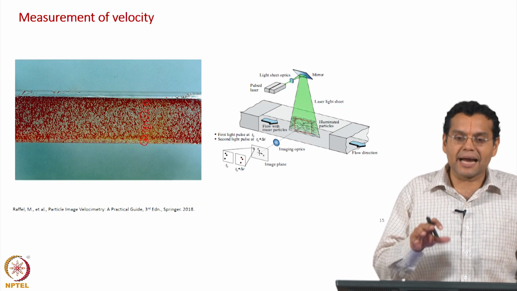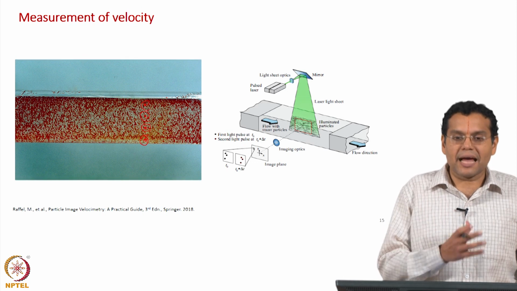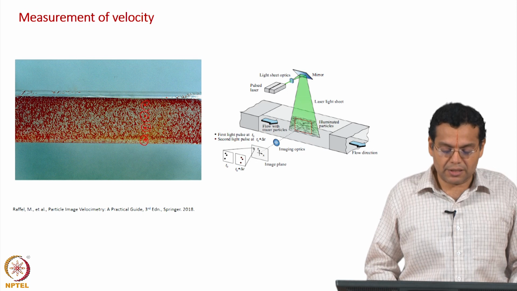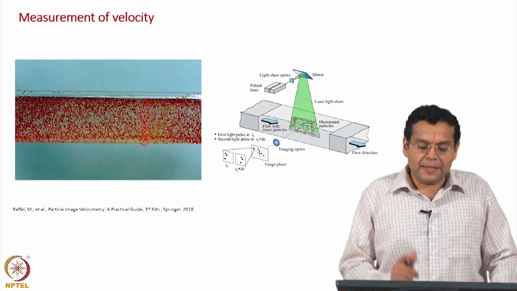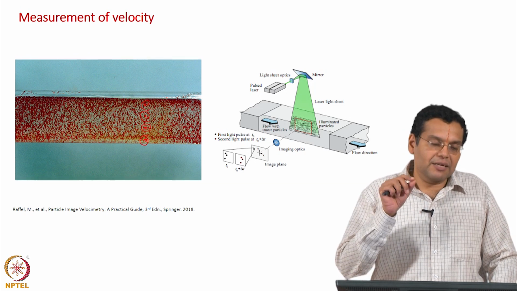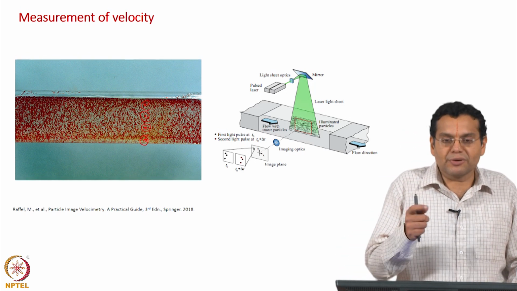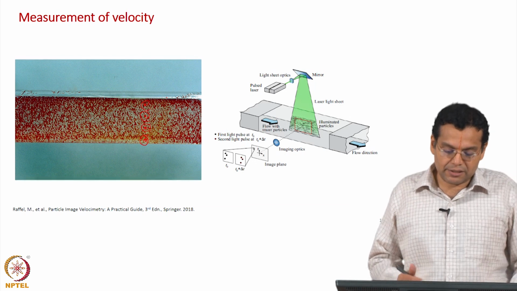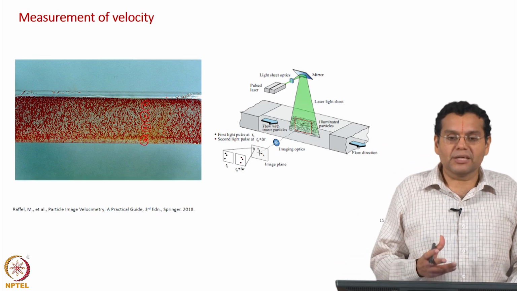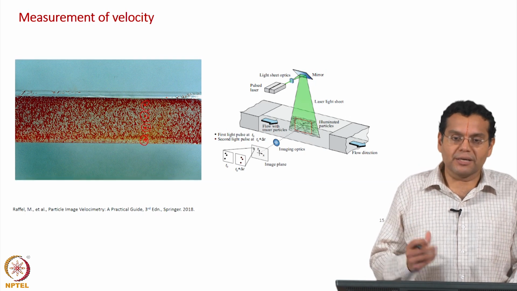Seeding is just adding these neutrally buoyant solid particles along with the fluid. Now, what are these neutrally buoyant solid particles? They are solid particles with two characteristics. Number one, very small size, of the order of let us say 10 microns, 20 microns, extremely small size, or even in the nanometer range, they could be even 10 nanometers, 20 nanometers.